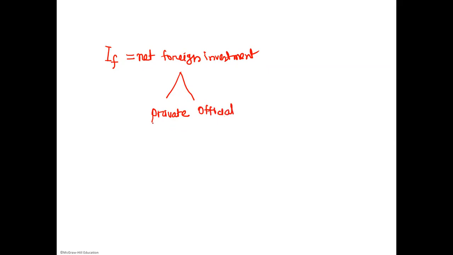Okay. So you probably can recall that in the financial account, we show the private investment in foreign financial assets. And we also show the foreigners' investment in our local assets. You can recall the FDI, right? So what is this? It is the foreigners' investment in our local assets.